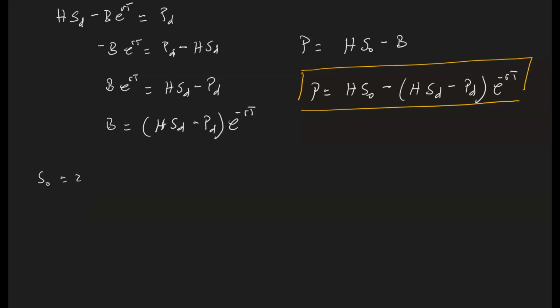S0 was 20, S up was 22, S down was 18, and then what we had was the strike price was at 21, and we also had the interest rate, which is at 12%.